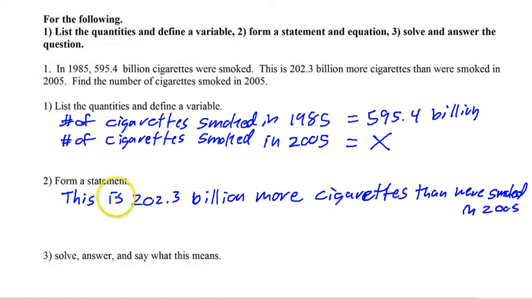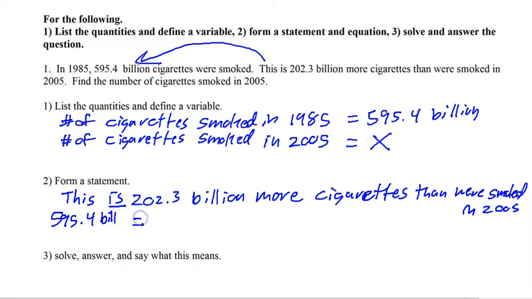Okay, let's go and look at this. Well, this always refers to what was previous. So if you read the sentence, in 1985, 595.4 billion cigarettes were smoked. This is referring to the previous, 595.4 billion. Okay, the next thing, what does is mean?